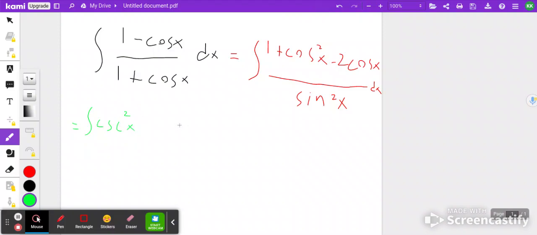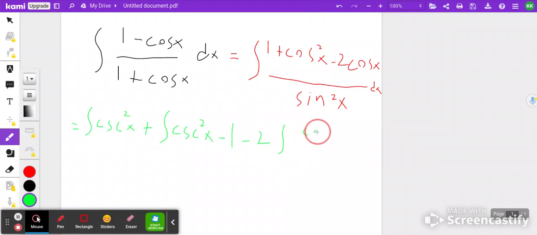Also, plus the integral of cosine squared x over sine squared x, which is the same as the integral of cotangent squared x, but I'm going to write cotangent squared x in terms of cosecant squared x, and I'm going to explain why. So this is cosecant squared x minus 1.